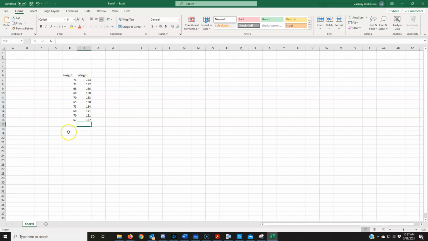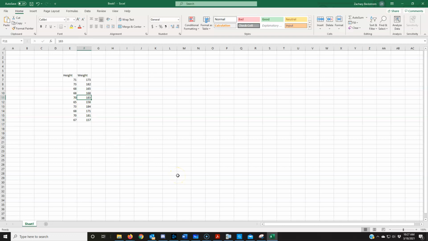So here were our heights of the 10 males that we randomly selected, and here were their weights. So we can see that there wasn't much of a variance here. They were all between about 5'7" and about 6'1", and they were all between around 157 pounds and about 183 pounds.